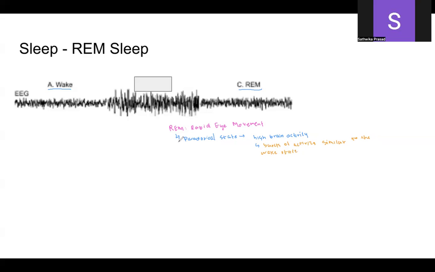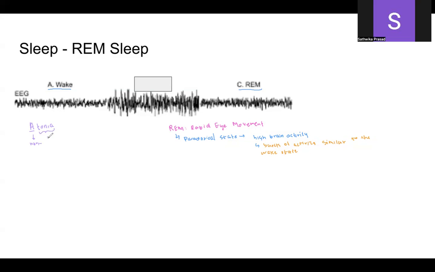Another hallmark feature of REM sleep is a key topic and a key vocabulary word that you need to know, known as atonia. So to break the word down, A usually means non, or pausing or opposite, right?